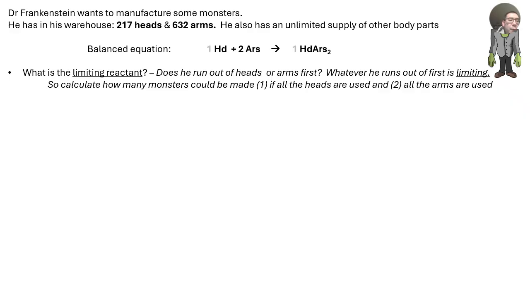We have 217 heads, and one head is able to give us one HDARS2.